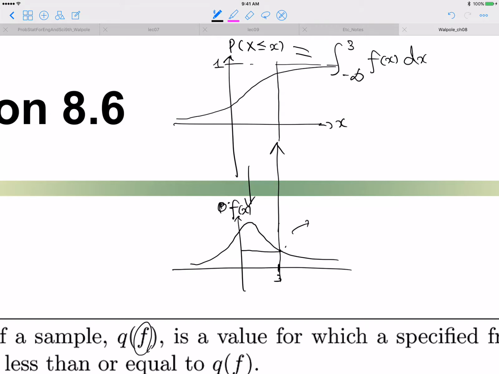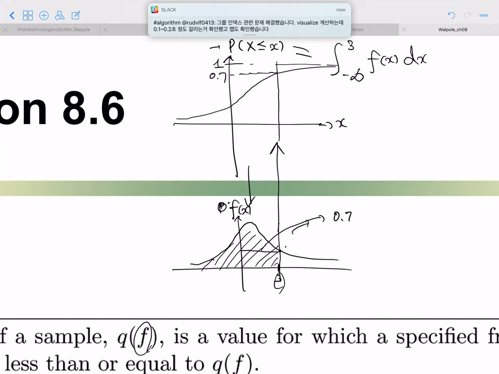So it means the area under this curve up to the x value of 3. If this area is equal to 0.7, then we have a y value, or function value of the CDF, as 0.7.